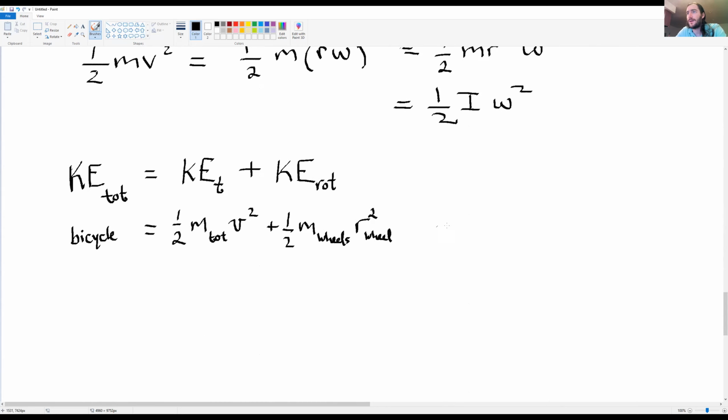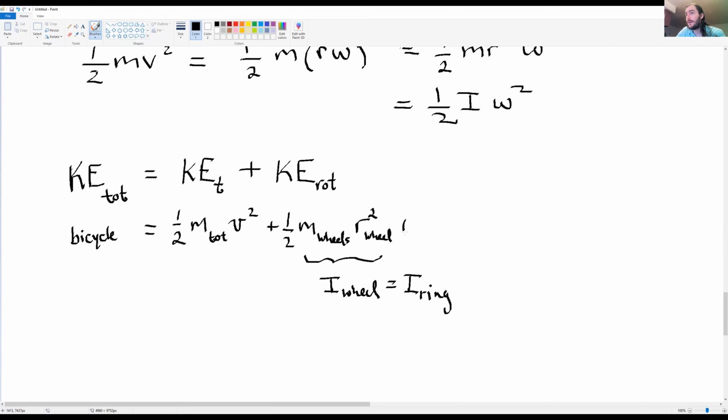So scroll back down here. So this is the moment of inertia of the wheel, which is equal to the moment of inertia of a ring. Because it's really that rubber and metal on the end of the ring, or on the end of the tire, that contributes to the moment of inertia the most. And then the spokes of the wheel are almost massless compared to the rest of the wheel.